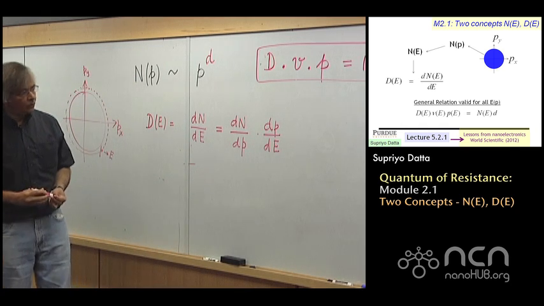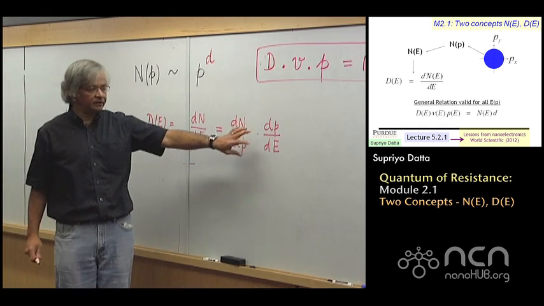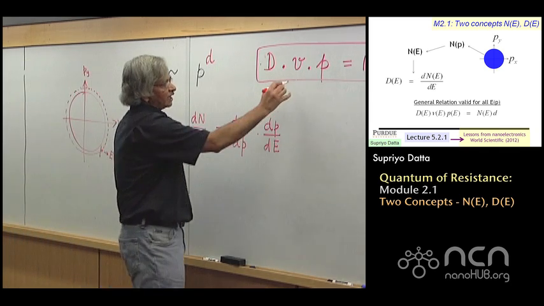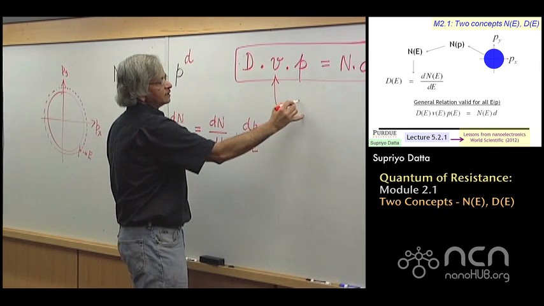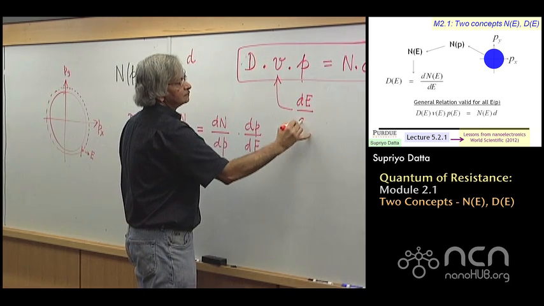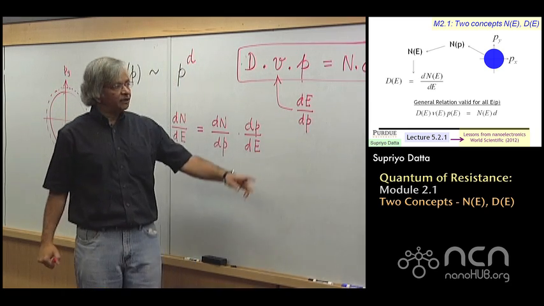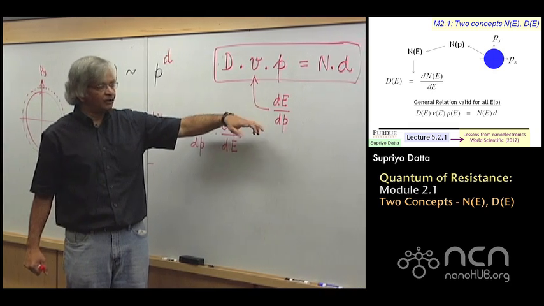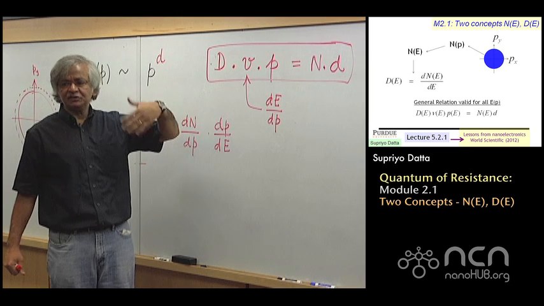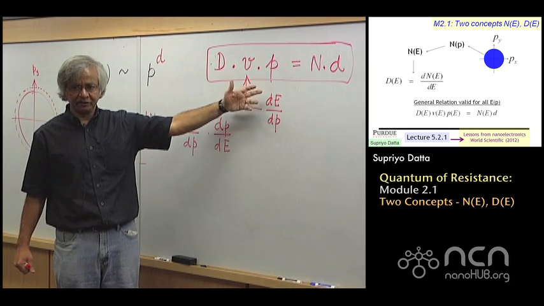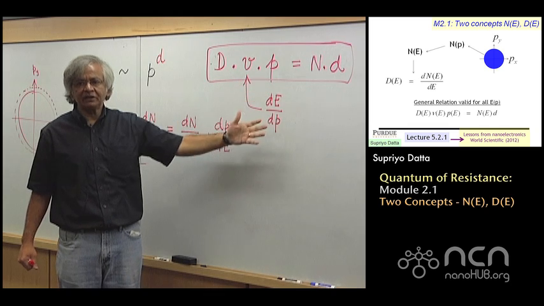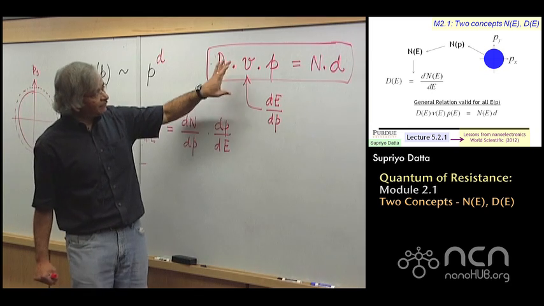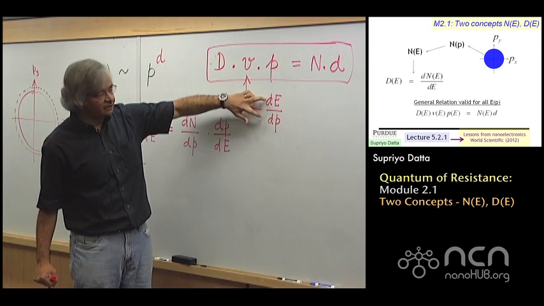Now, one general relation that will be useful, and will come up later also, is that the definition of velocity is dE/dp. You can check this easily if E is p squared over 2m, which is the usual case. But regardless of what energy momentum relation we have, even a complicated one, the definition of velocity in general is dE/dp.